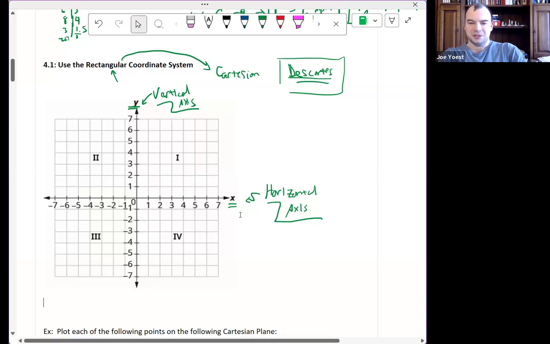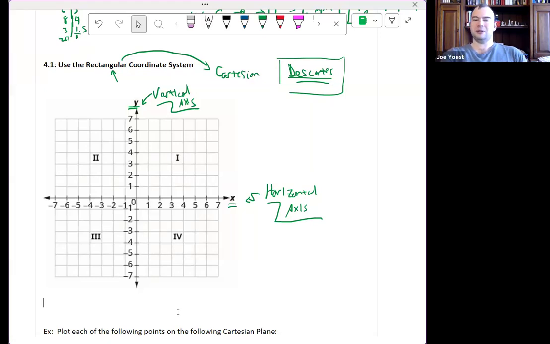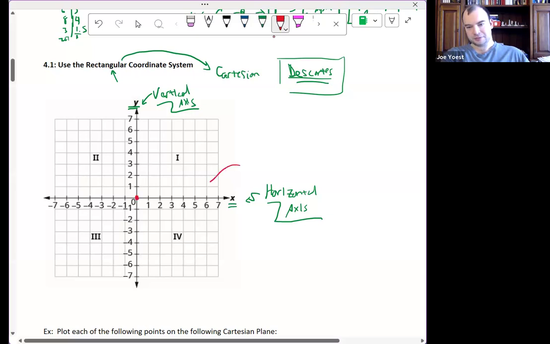But yeah, our horizontal axis, the flat one, is associated with the variable x, unless very explicitly specified otherwise, and our vertical axis is associated with the variable y. And we see it's the intersection of two number lines, and that intersection occurs here. It occurs at the 0 point on each number line. So I match up the 0 points.